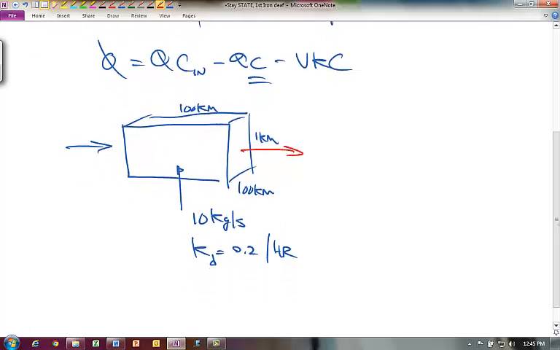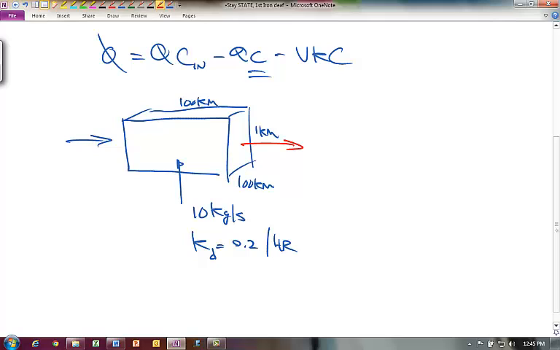We can go back and look at some of those example problems from our textbook and set this up quite easily. The one thing we do need to know is what the Q is. Most of our flows have been in Q. As we know from fluid mechanics, Q is equal to velocity times area.